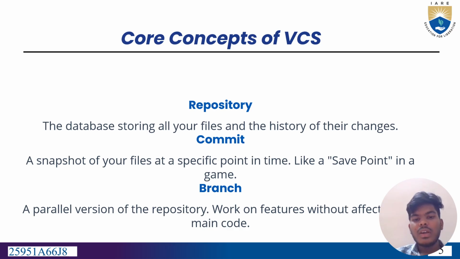We should discuss the meaning of each. A repository is a database which stores all your files and the history of their changes. If we change anything, all of it is stored. That is the repository.